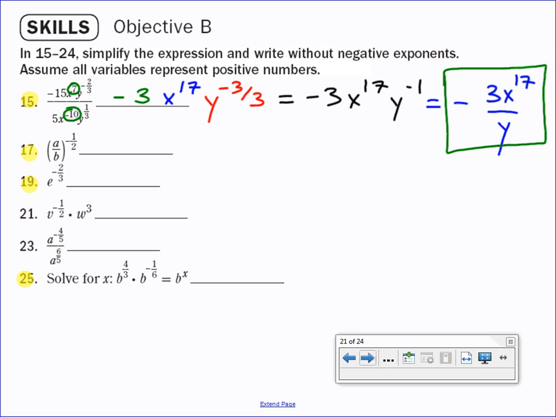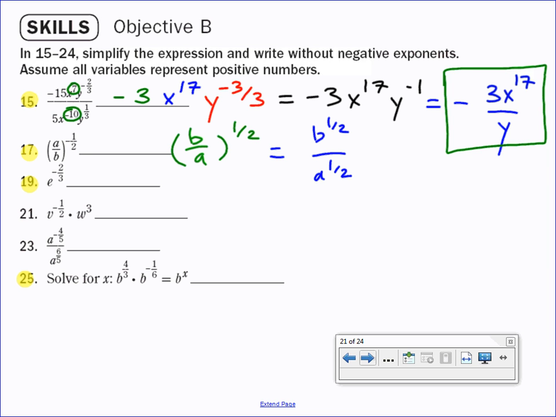That's supposed to be a negative 1/2 power. So a over b to the negative 1/2 is the same as b over a to the positive 1/2. And that's b to the 1/2 over a to the 1/2.